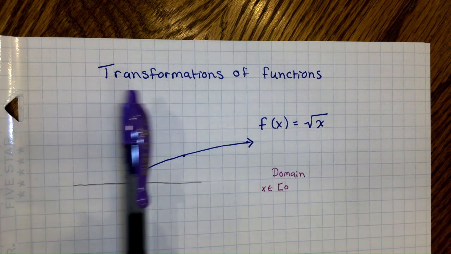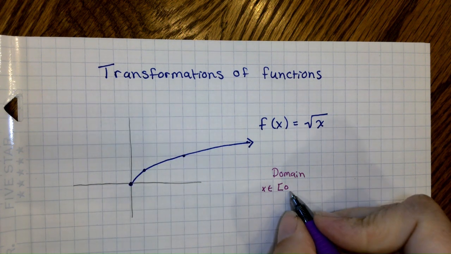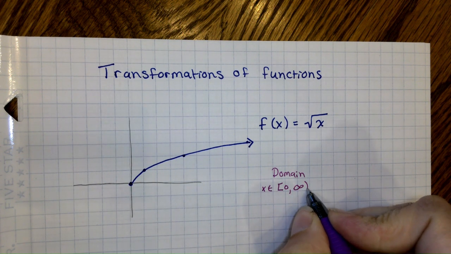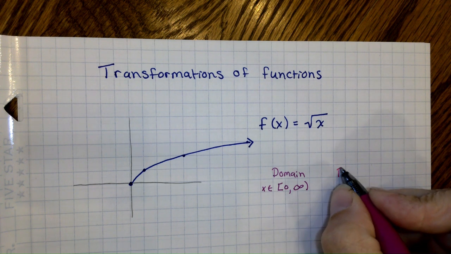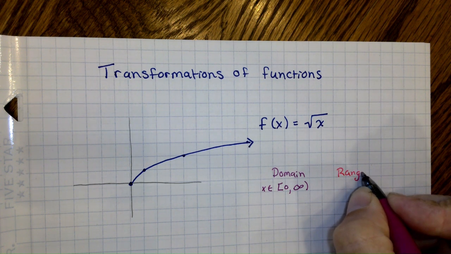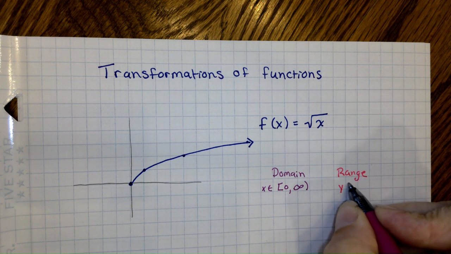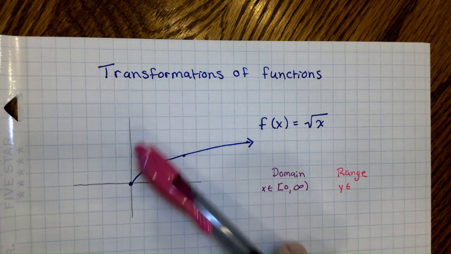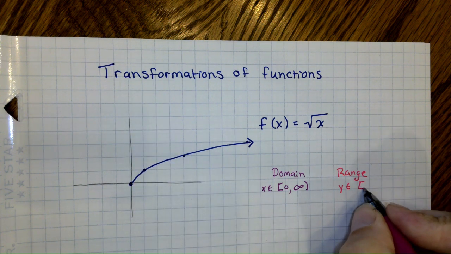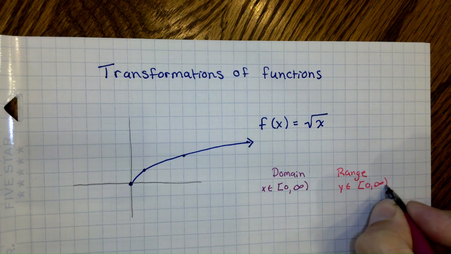We have a wall on the left, and it continues to the right infinitely. We cannot hit infinity, so that's why I use that parenthesis, again from the previous video. We also have range. Range is the ceiling and floor. So those are our y values. And if you notice, we have a floor at 0 and it continues up. So our range is 0 to infinity.